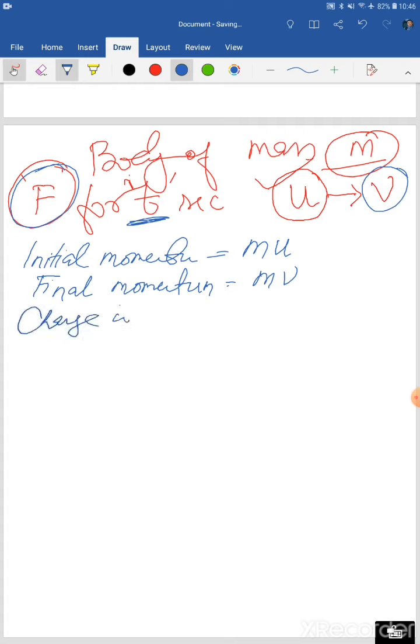So the change in momentum in t seconds, because the time for which I am applying the force is t, is going to be final momentum minus initial momentum. Here you see that m is common, so I take it out, and I get m(v minus u).